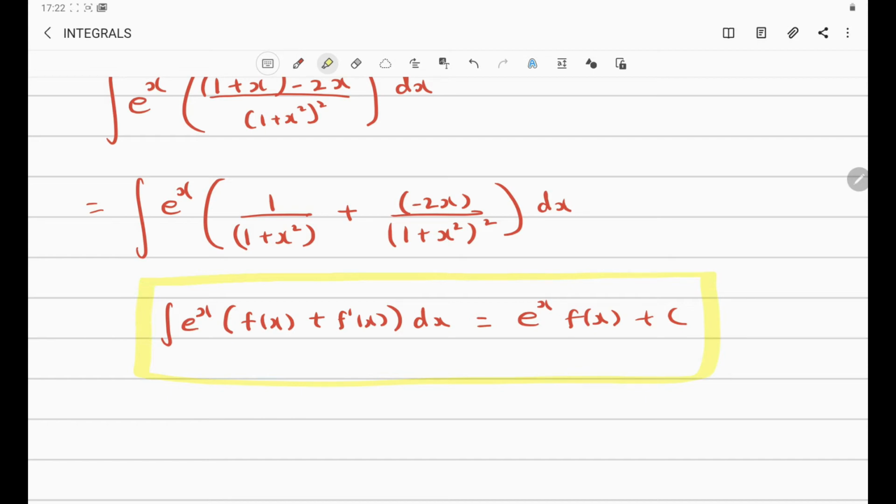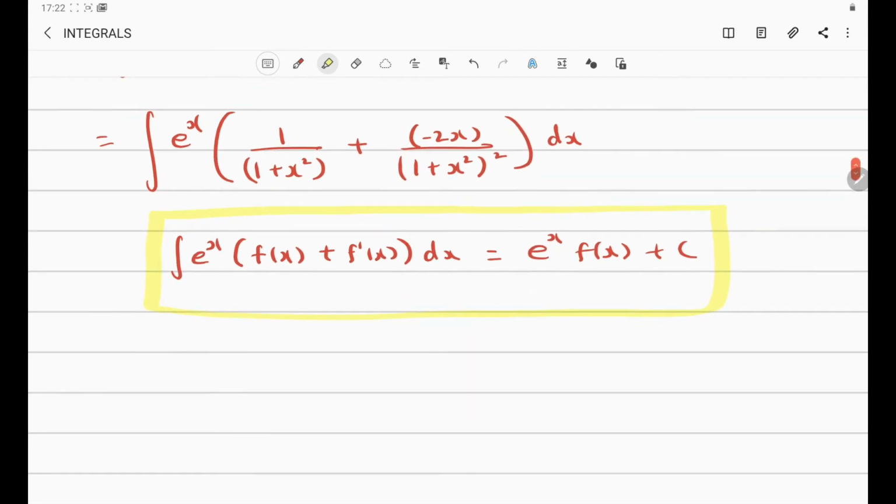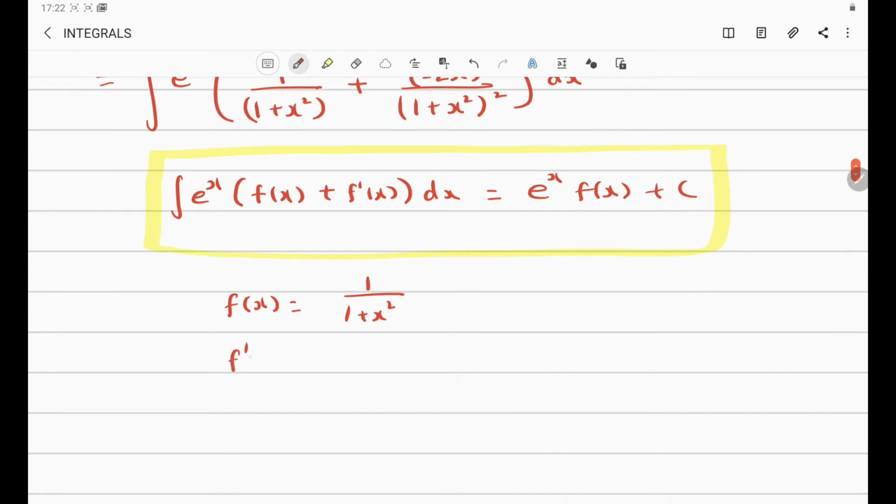So, in this, if we choose f of x as 1 by 1 plus x square, then f dash of x will be the derivative of 1 by 1 plus x square, which is minus 1 by 1 plus x square whole square into the derivative of 1 plus x square, which is 0 plus 2x, that is minus 2x by 1 plus x square whole square.